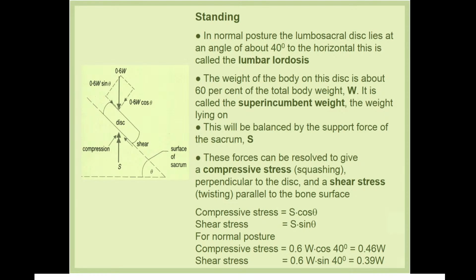And this disc can start to become weaker, and back pain may be a problem for the person. And one more thing should be mentioned, that shear is worse than compression deformation for the tissue. The tissue withstands compression much better than shear stress.